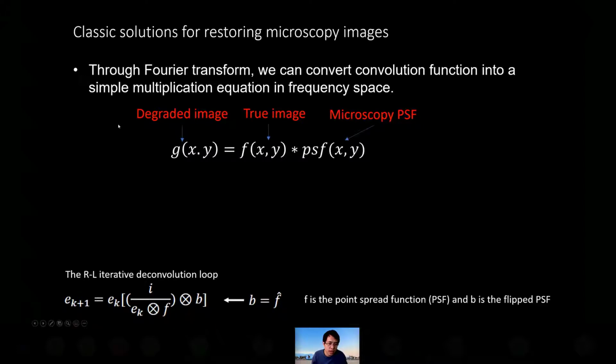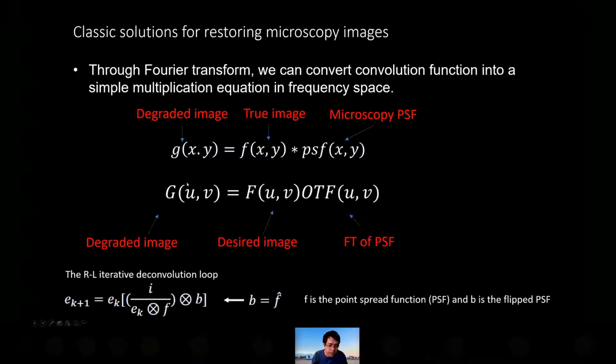The equation that I showed here in the slides describes the typical procedure. The degraded image G is equal to the convolution between the true image and the point spread function of the microscope. Then we could do the Fourier transform. We could convert this convolution into a simple multiplication equation in the frequency domain.